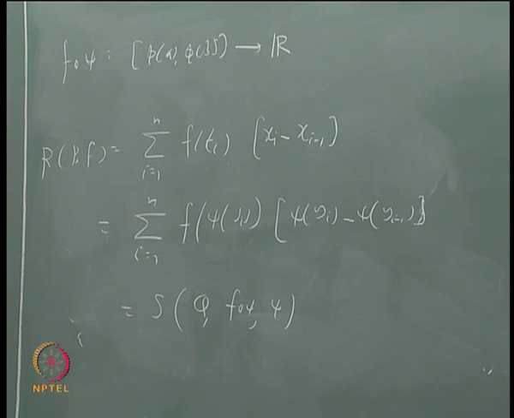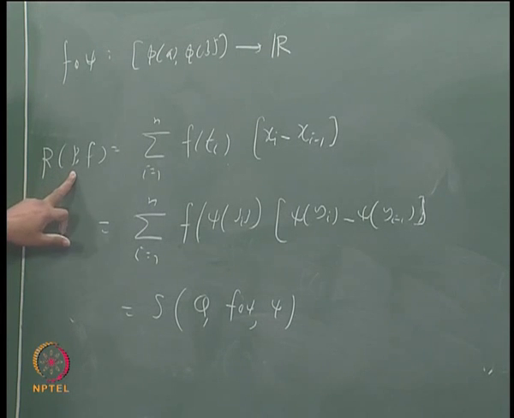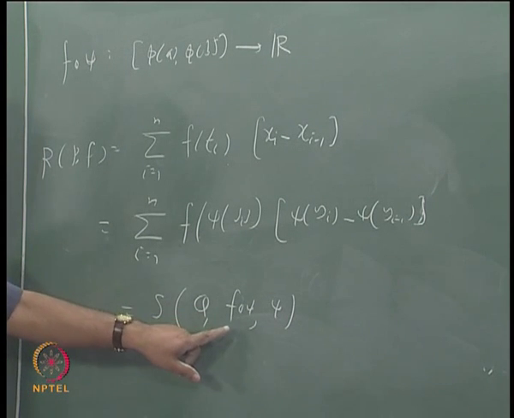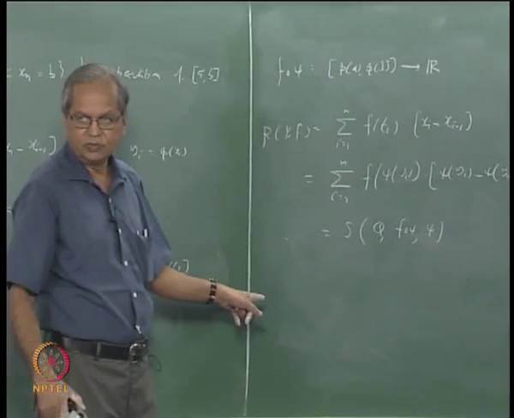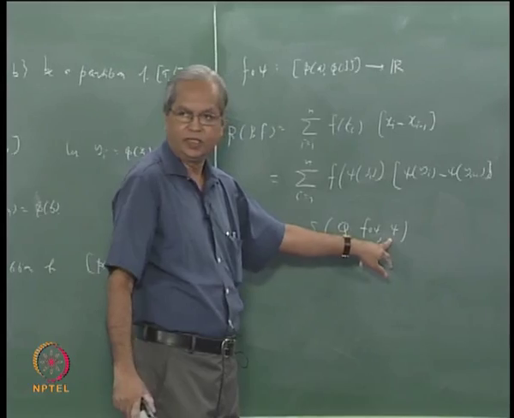Now we know that f is continuous, so this Riemann sum will go to the integral from a to b of f(x) dx whenever the mesh of the partition goes to 0. Similarly, psi is also continuous, so f composed with psi is continuous, and psi is monotonically increasing.